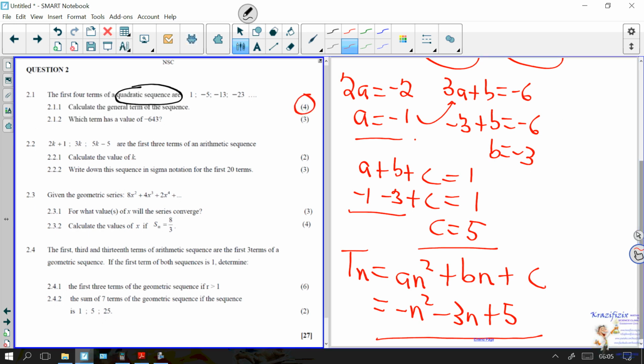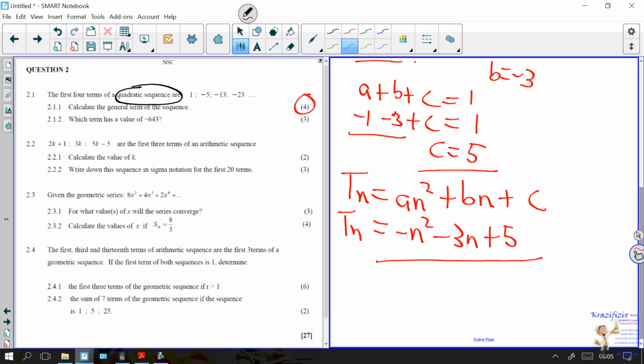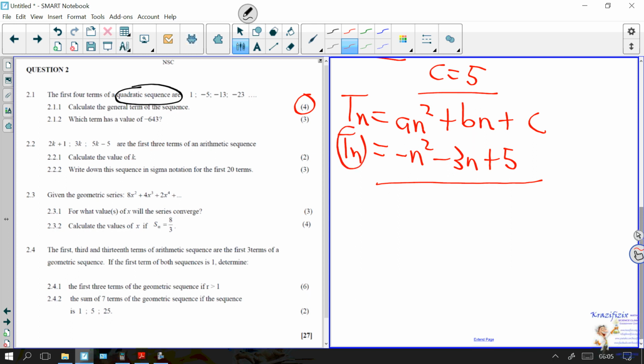And then you get how many marks there? 4. Which term has a value of negative 643? Now we're talking about Tn. It is negative 643. We are looking for n. So negative 643 equals negative n squared minus 3n plus 5.